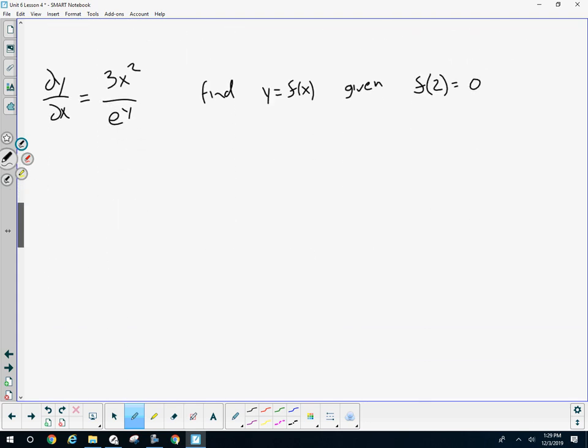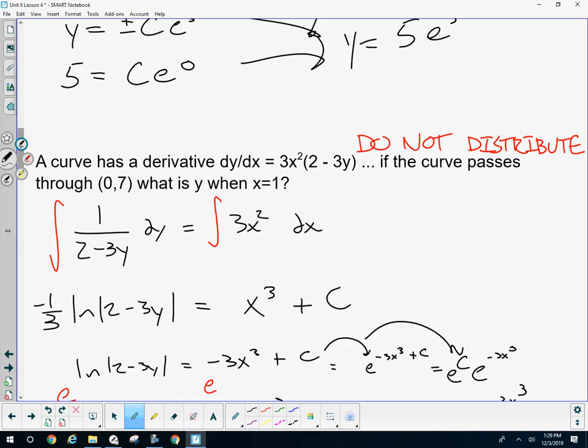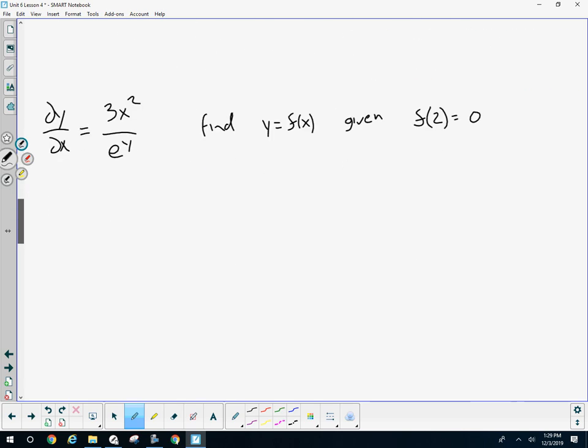Next one. Now we have something with an e. We'll do 2 in a row with e's. We'd have to use the log to solve. So separating variables, I'm multiplying by e to the y here and multiplying by dx. Take the antiderivative of both sides. Check with your neighbors. What is the antiderivative of e to the y?